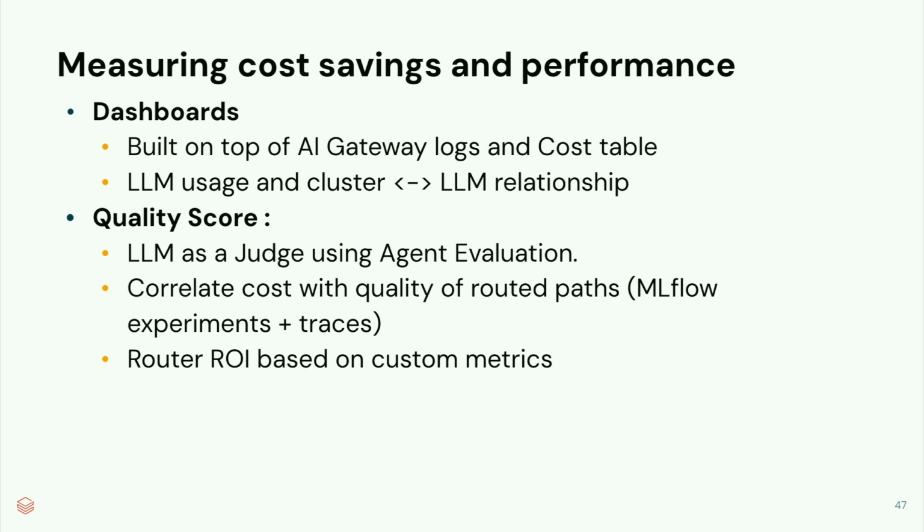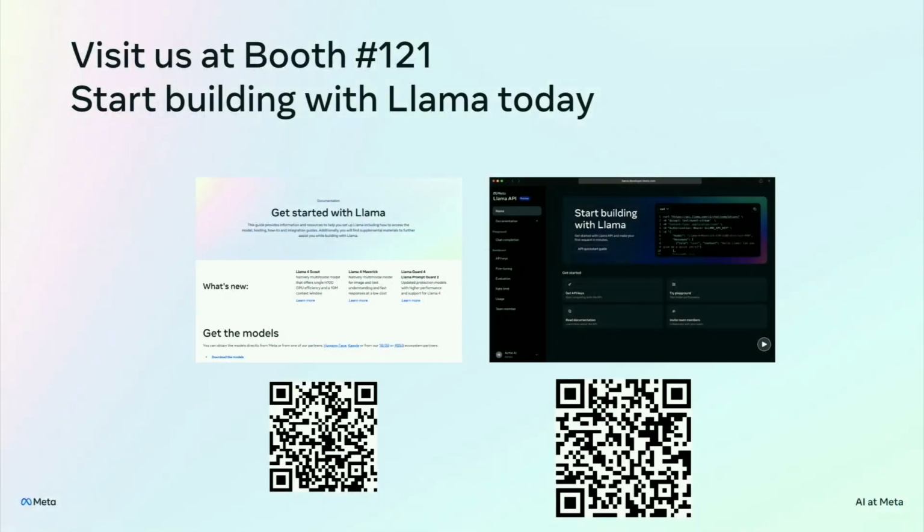From the quality scores point of view, you can use LLM as a judge with agent evaluation in Mosaic AI, and based on that you can get different quality scores and the ROI based on your custom or use-case-specific metrics.